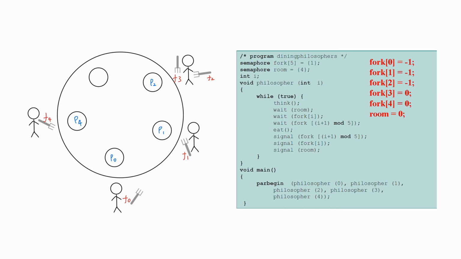The moment philosopher 4 comes into the room, he or she sends samWait to fork 4, the left-hand fork, and fork 0, the right-hand fork. Philosopher 4 gets fork 4, the 4th fork, enters the 0th fork queue since the value of 0th fork is turned from 0 to -1, while fork 4 is turned from 1 to 0.